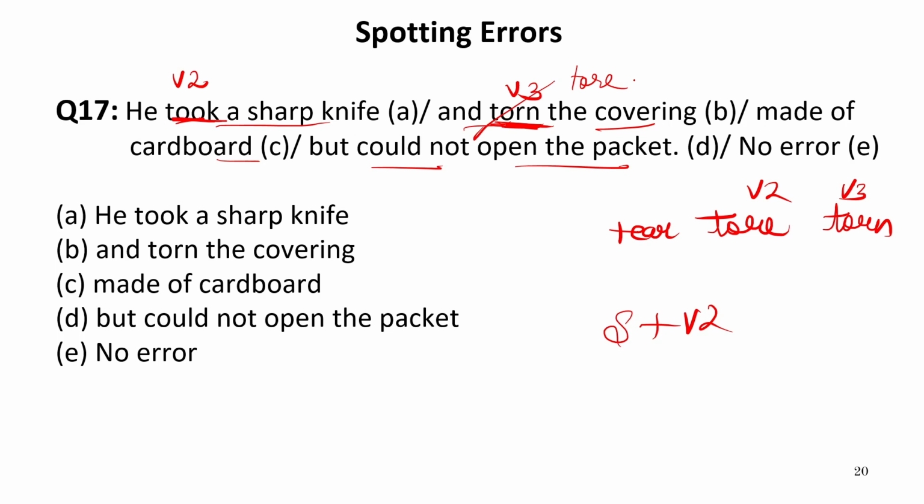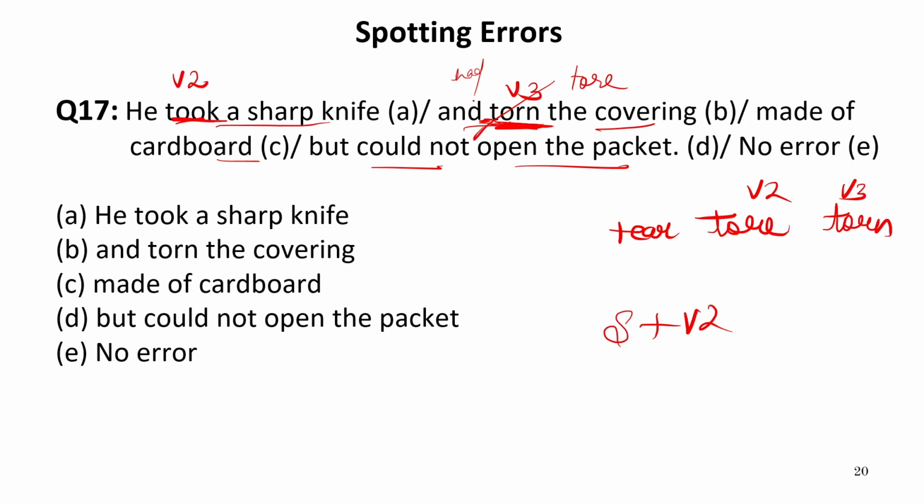Now, might be some of you think that why didn't we replace this took with taken? Now, if this taken word is correct over here, or if it had been correct over here, a helping verb should come prior to it, like had, which is not given.